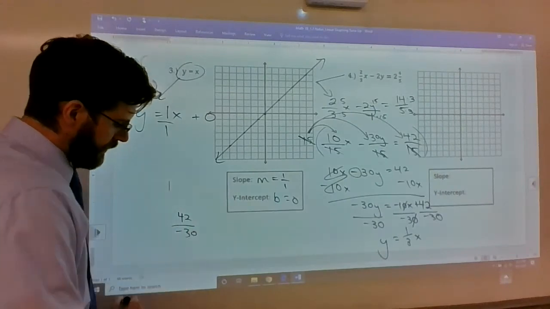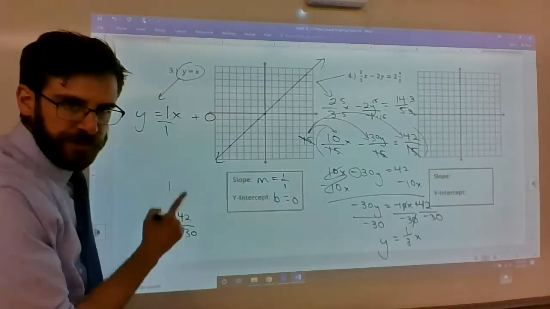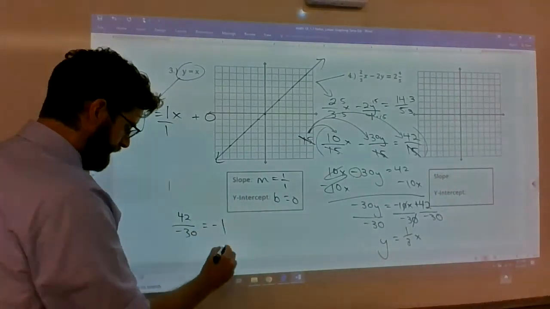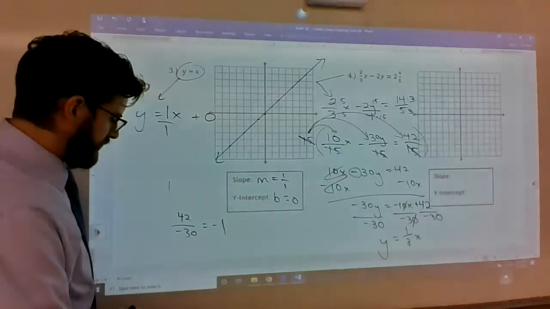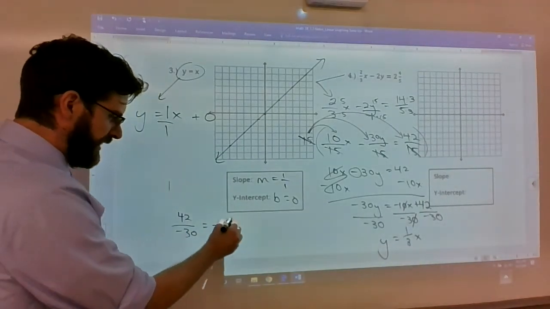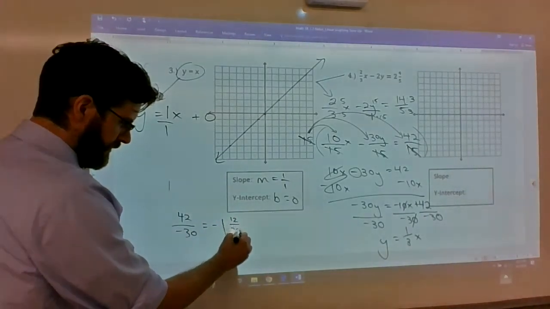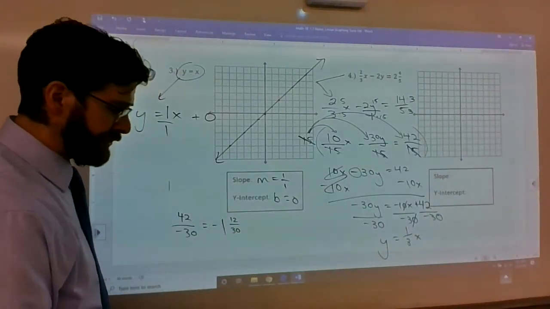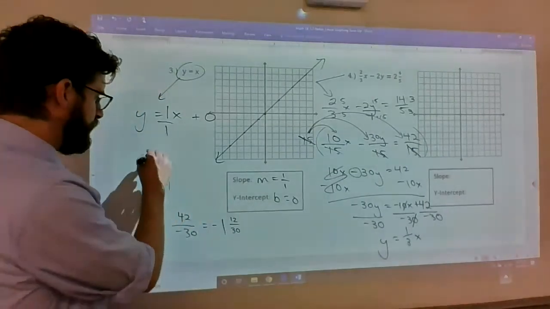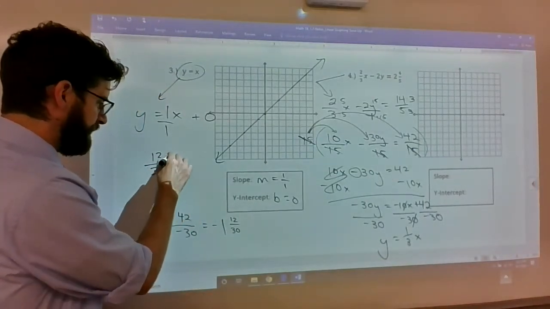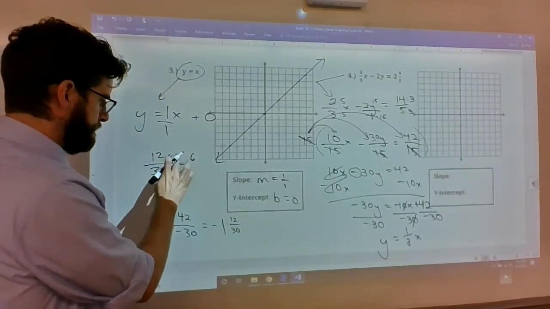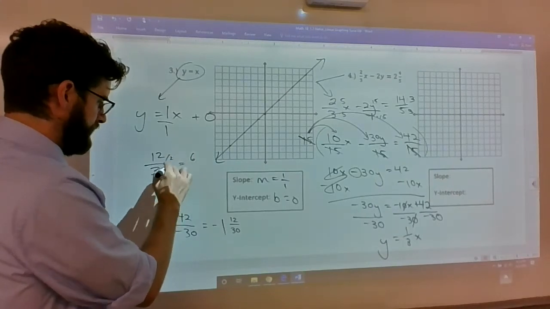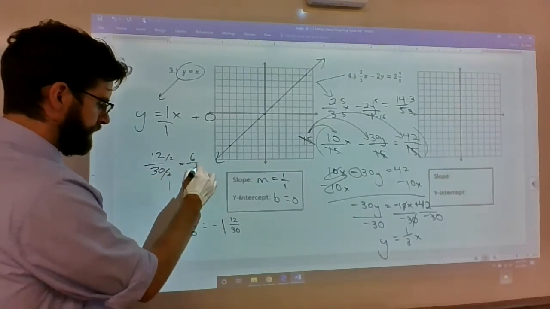30 only goes into 42 one time. And then there are 12 leftovers over 30. But this reduces. Think about 12 over 30. You can cut them in half, 6 over 15.